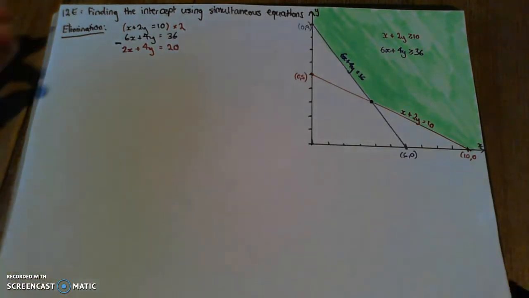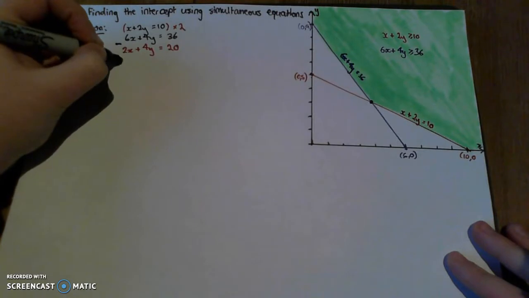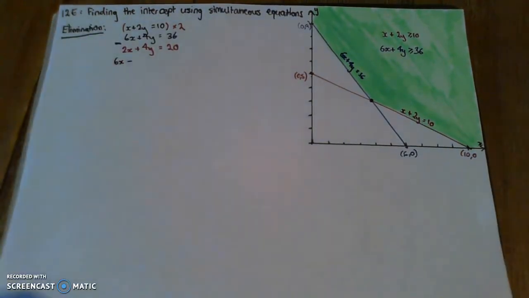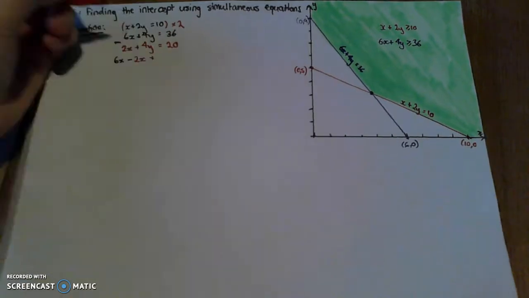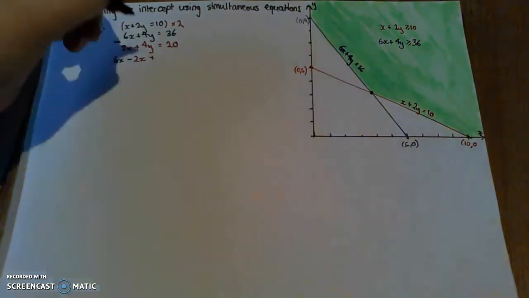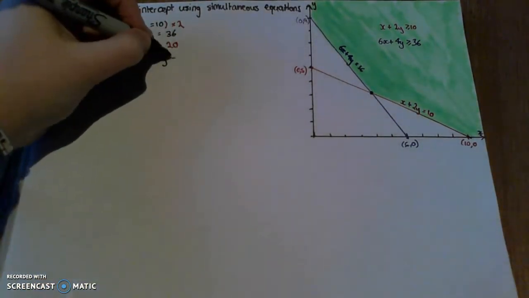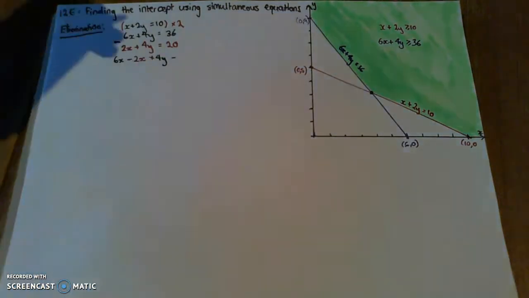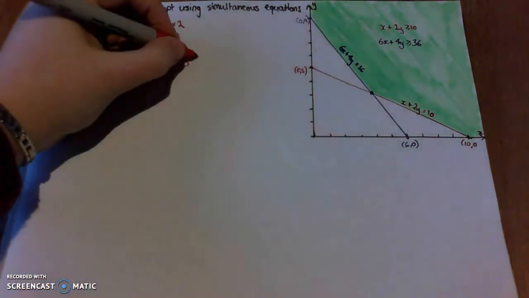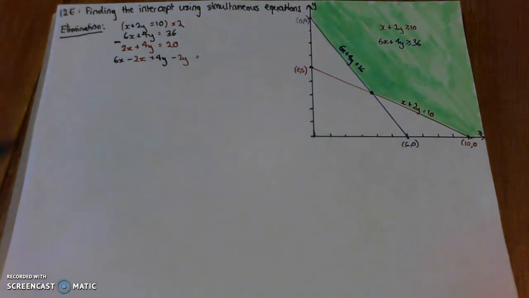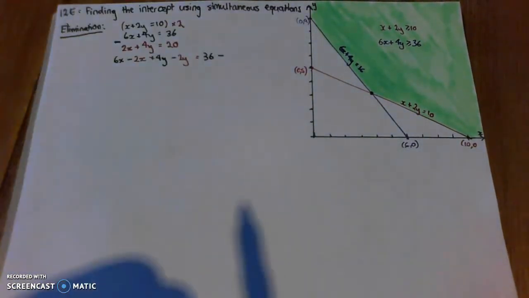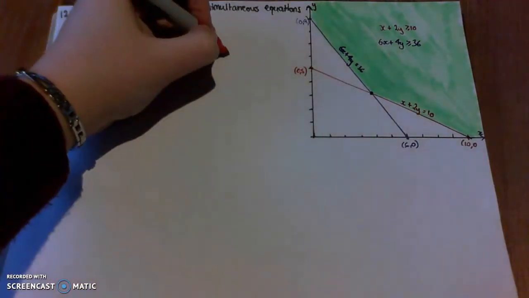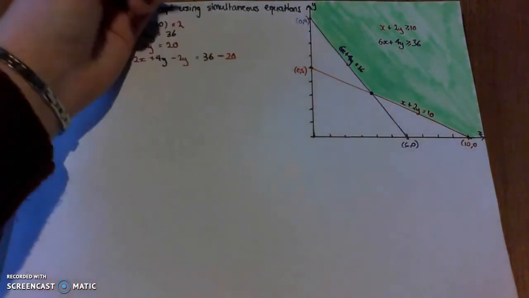So our equation becomes 6x minus 2x plus 4y minus 4y, which is equal to 36 minus 20.